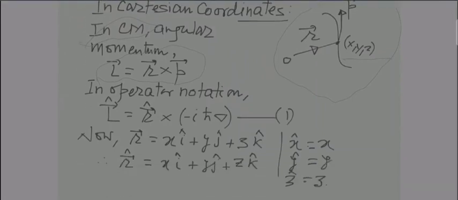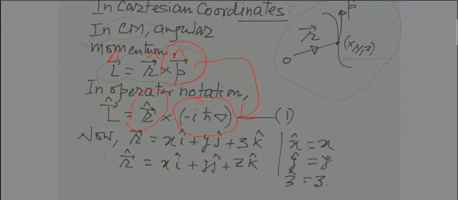Now in operator notation, we will simply write hat over these. The hat simply implies that they have become operators. For p hat we have already found the value, so we will substitute that value over here, and we will also substitute for r.